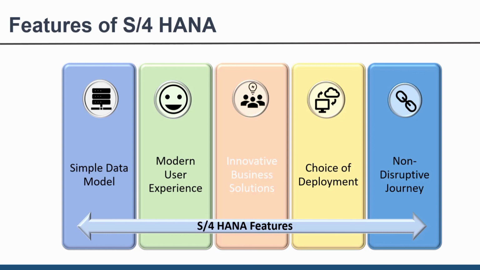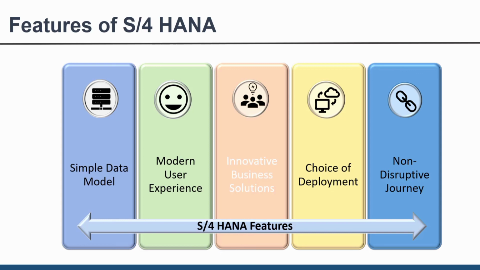And it's a non-disruptive journey in the sense that if any business is using ECC today and they want to move to S4HANA, SAP says that the table structure on S4HANA is quite different than ECC. So SAP has given a non-disruptive journey. That means they have given a way out how you can convert your ECC data into S4HANA new tables without losing any data.